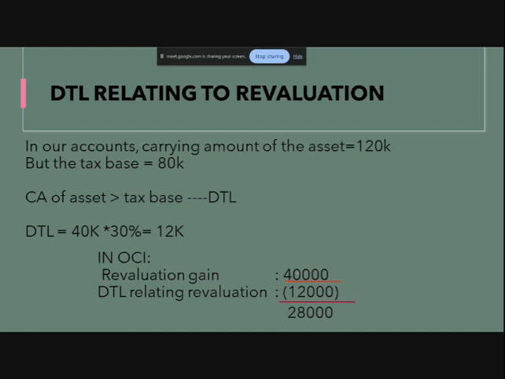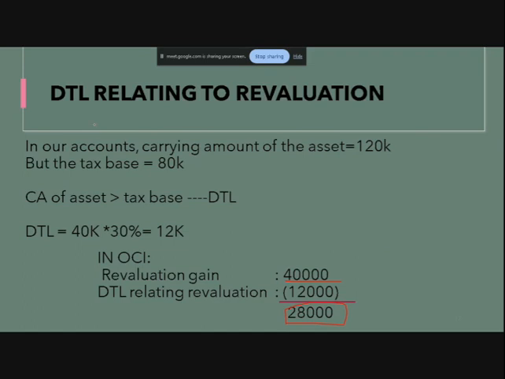But because revaluation happened, our carrying amount became greater than the tax base, and then we had to pay that tax for the difference. So out of the revaluation gain of 40,000, we are only ultimately getting 28,000 because 12,000 we are paying as tax, right? Understood the concept? Okay, can I move on?